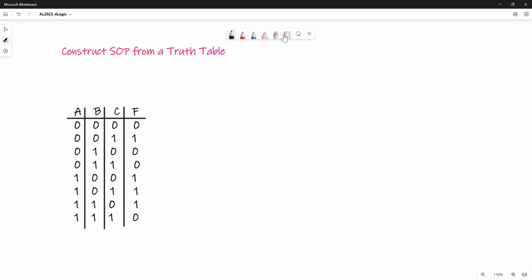So this is what we have. Now let me tell you how you are going to identify the SOP terms. There are a couple of rules. First of all, you have to focus on ones. If you want to look at SOP, focus on ones. Here we have a couple of ones.